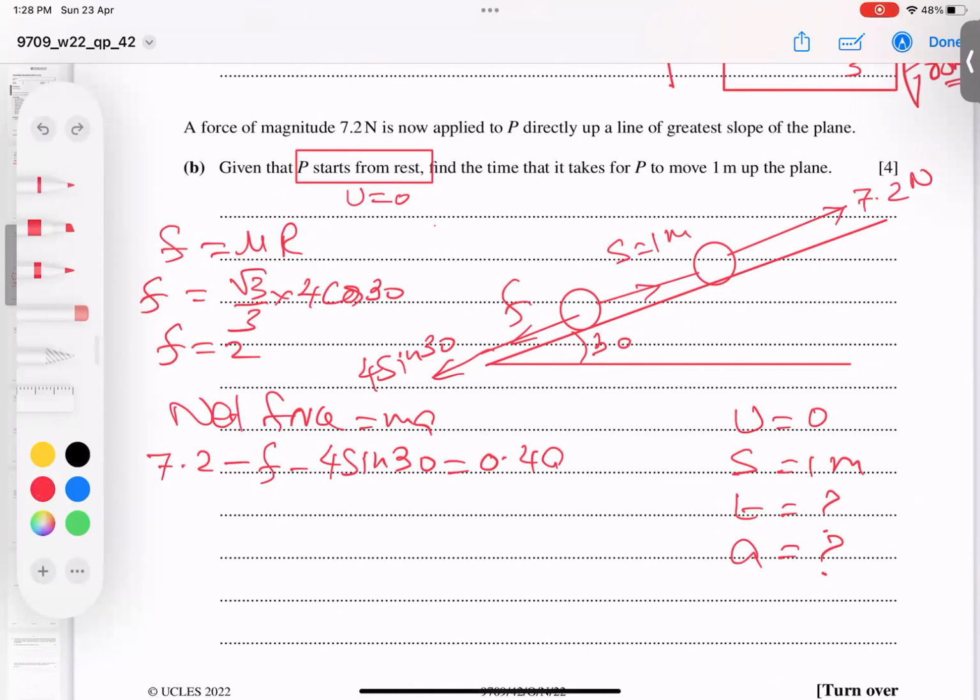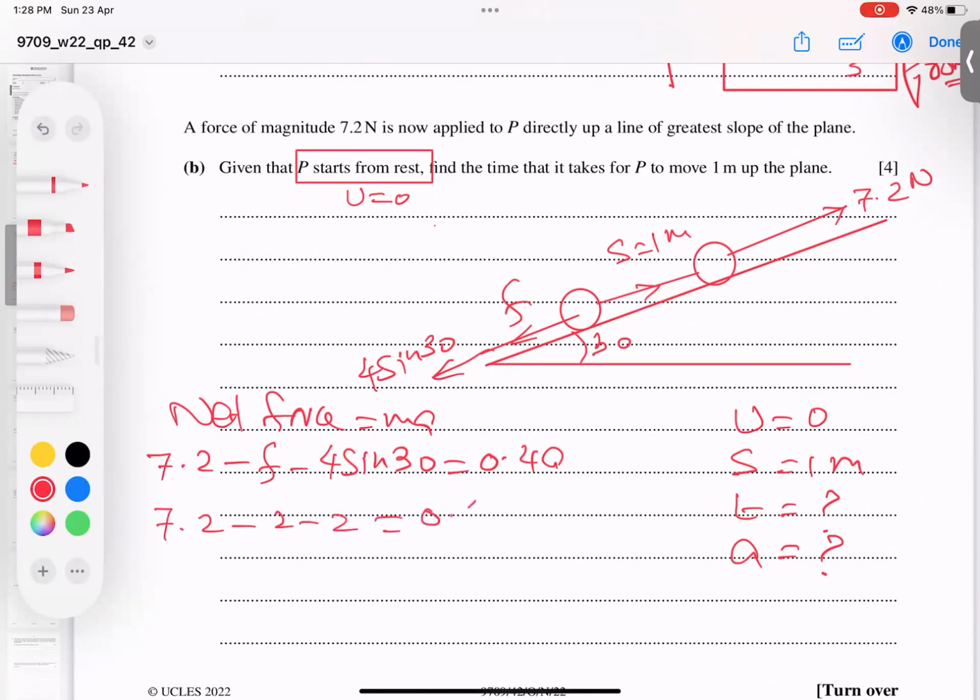So next time, if you don't show this working, no issue at all, simply take the friction force the same. So 7.2 minus 2 minus 2, this is sine 30 half, we got 2, and 0.48. So when we find it, 7.2 minus 4 and divide by 0.4, we get acceleration equals 8.